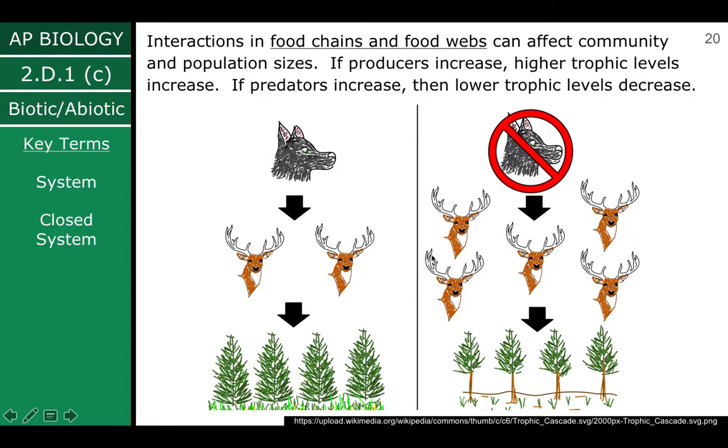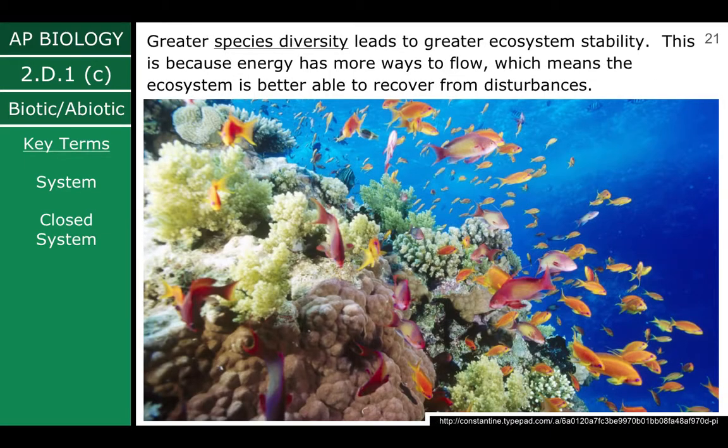So if that happens, this middle trophic level needs something to eat, which means that it's going to be consuming more of this lower trophic level, this producer, and so eventually we're going to run out of a food source for this middle trophic level. That's why it's so important to have this entire chain, this balance, so that any trophic levels really are not affected.